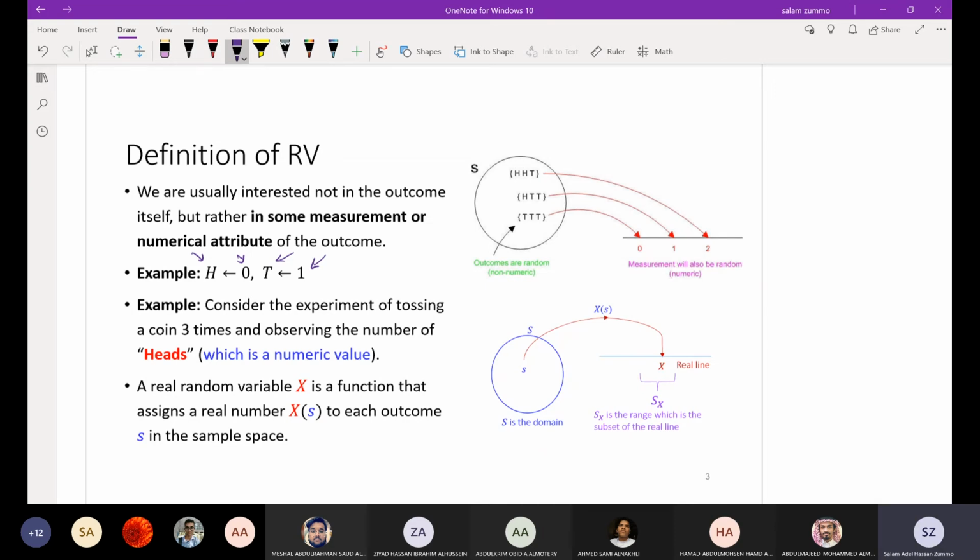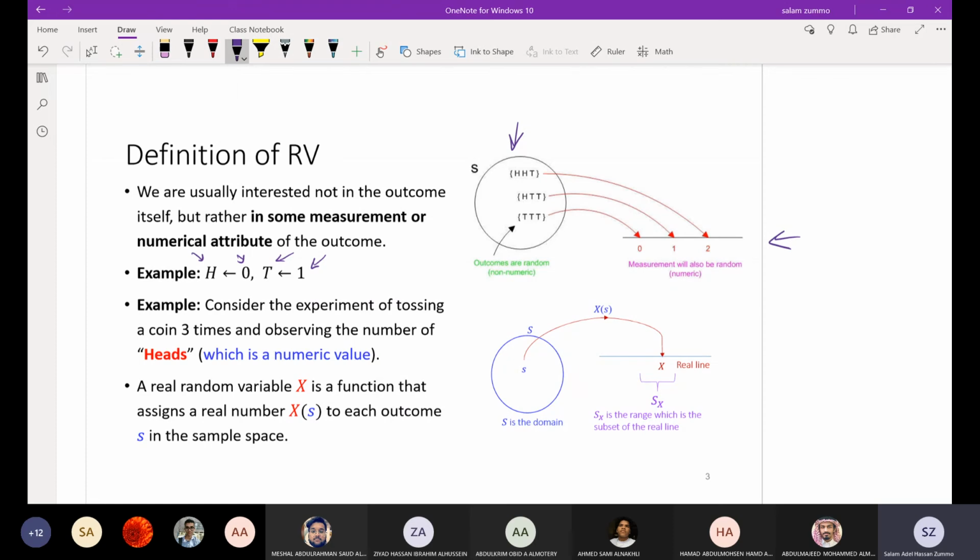So in this case, we are not interested in really head or tail per se. We are interested in some numerical value that translates these outcomes. And because of that, the random variable comes into play here when we map the outcomes of an experiment into the real line.